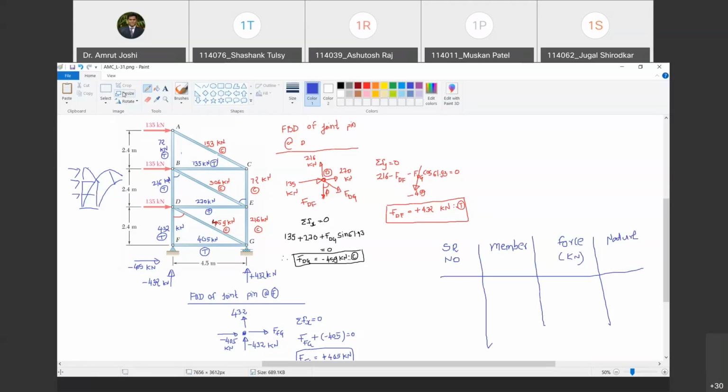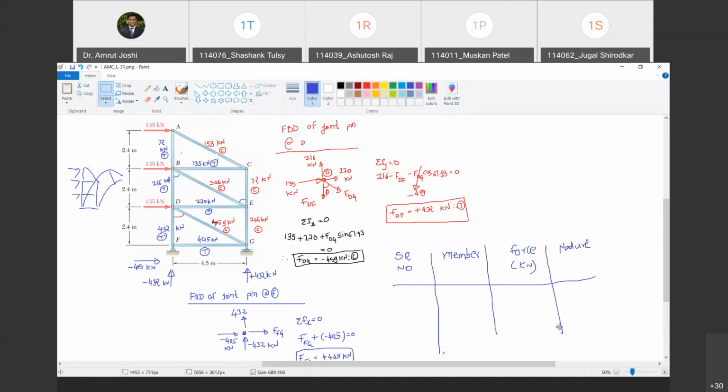Are you with me? Yes. So any one of the styles of answering is all right. I prefer this way because in one glance I can see the forces in all the members, and this also helps me to give the checks. For example, if by mistake I had got this 432 as compressive, by looking at the table I will not be able to understand that it is wrong, but by looking at the truss here I will be able to immediately say that there is something wrong, because all the members on the left hand side must be tensile.